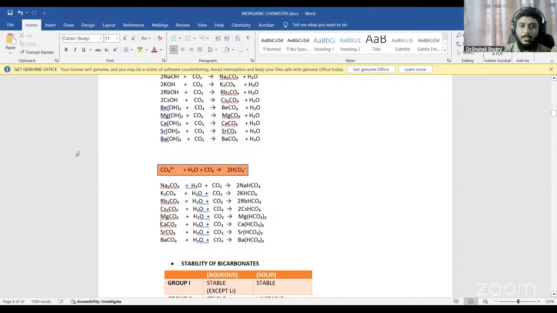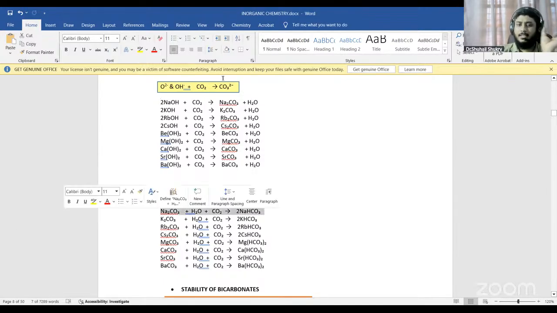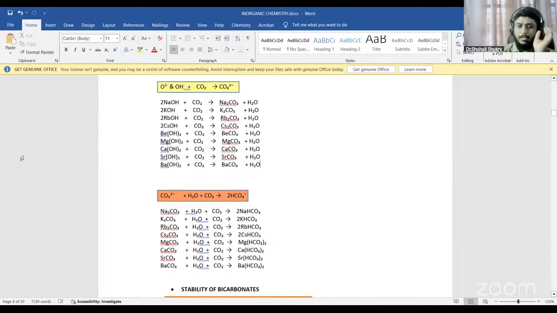But if you want, all the hydroxides when you put with carbon dioxide will give you carbonate, and those carbonates, when you treat with excess carbon dioxide and water, go up to bicarbonate. For example, sodium carbonate goes up to sodium bicarbonate. I think this reaction is less important to remember. You can ignore that at the moment.